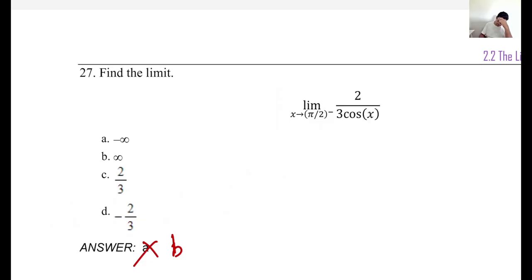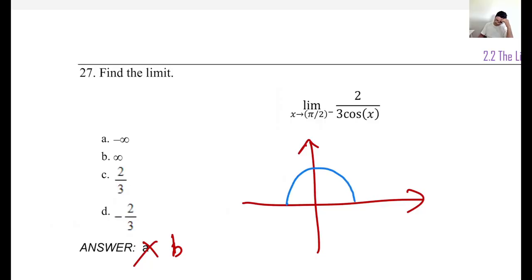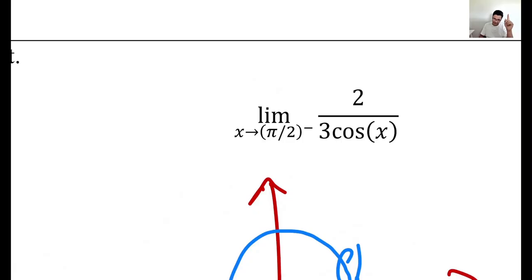Okay, because if we approach x from pi over 2 from the left, the graph of cos x is like that. Pi over 2 is here. If you approach from the left, the values of cos x will be positive, and 2 divided by something positive will be plus infinity, right? So the correct answer should be B. Or I might have made a typo when I was not thinking of placing the minus sign in front of 3, but I ended up placing it with the exponent here.